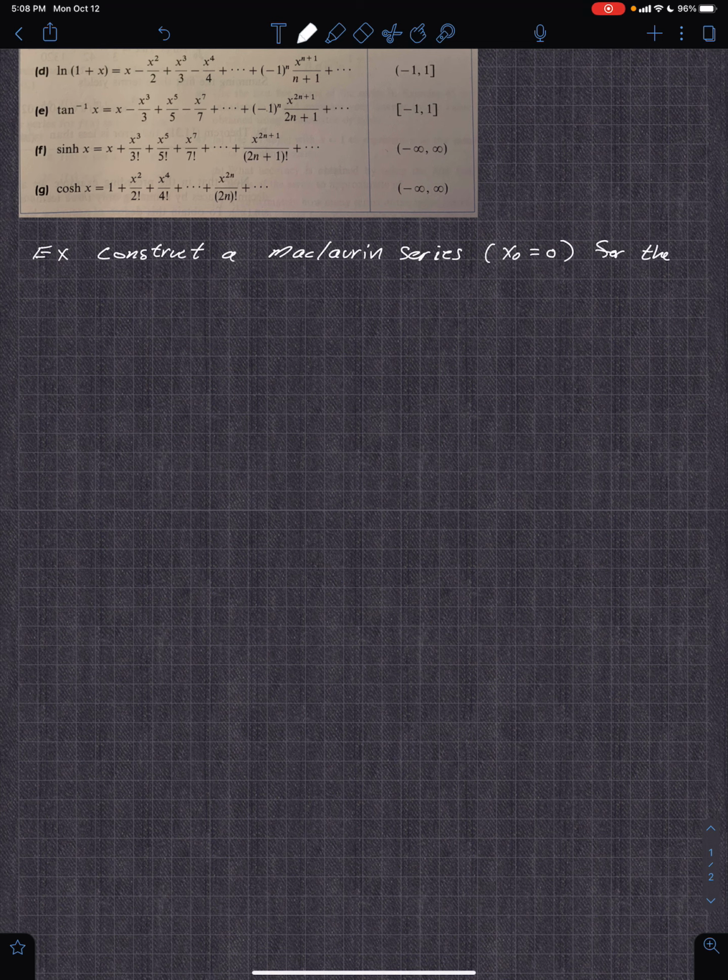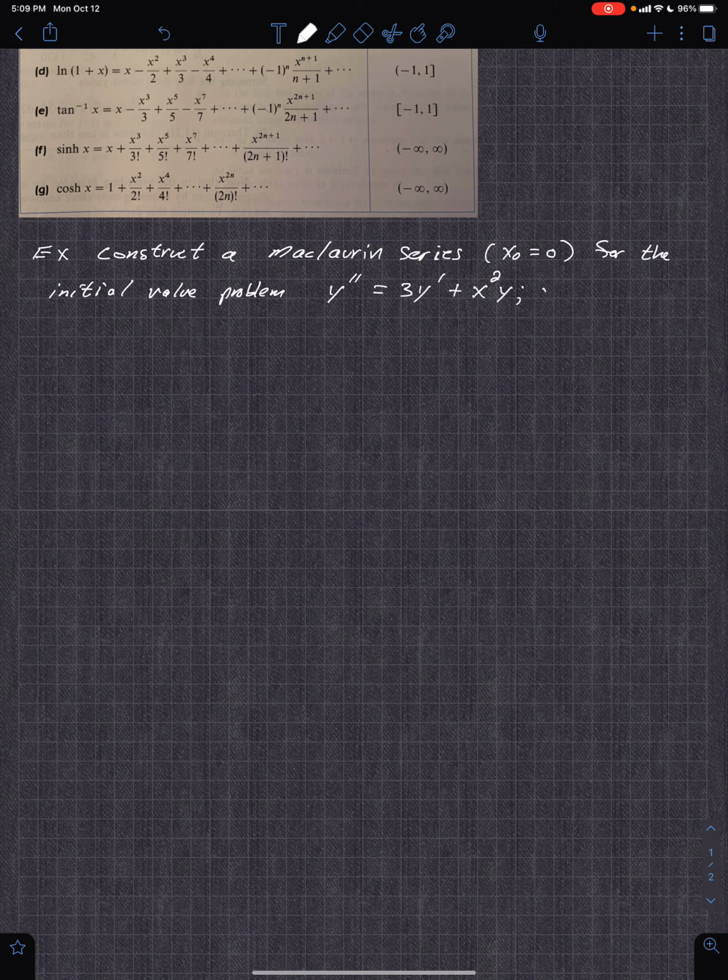For the initial value problem given here: y double prime is equal to 3y prime plus x squared y.